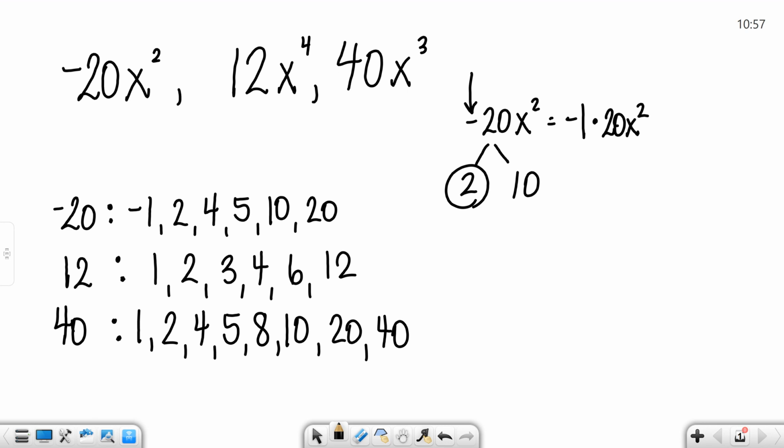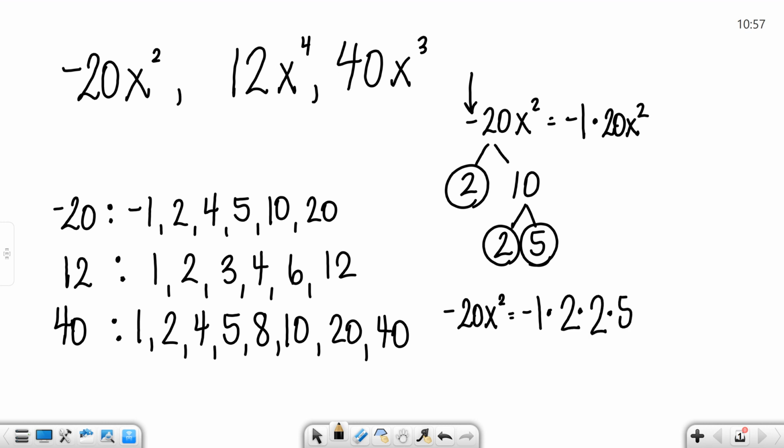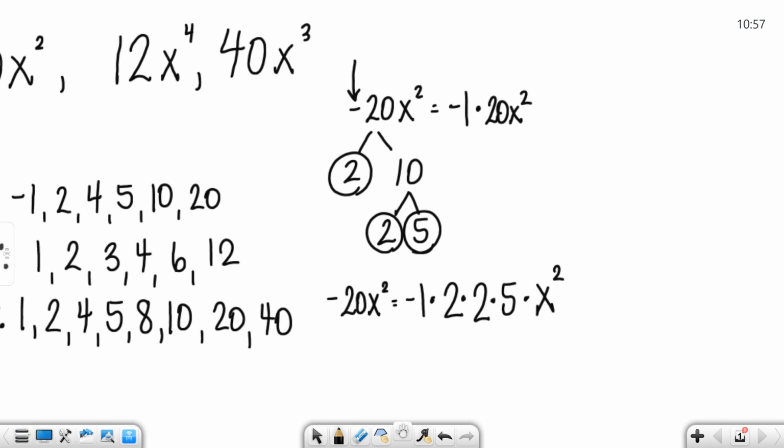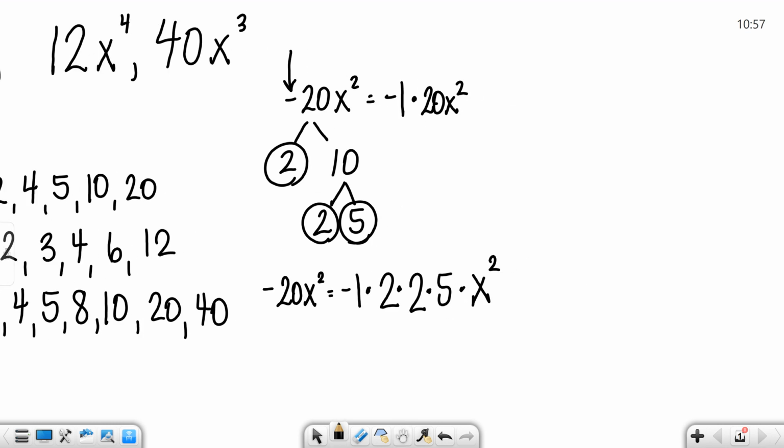I've got my 2, nothing else I can multiply to get 2. So -20x squared gives me -1 times 2 times 2 times 5 times x squared. Now let's do 12x to the 4th.